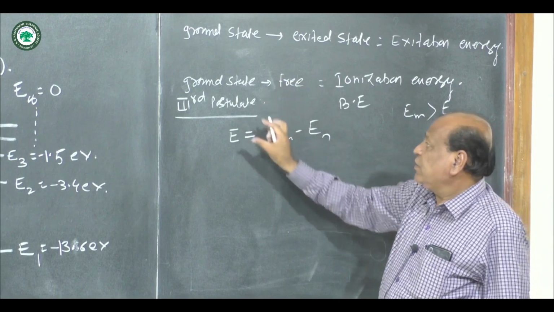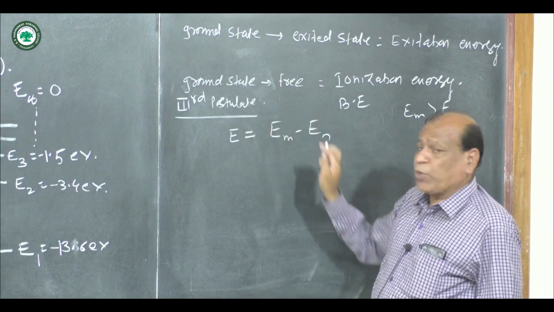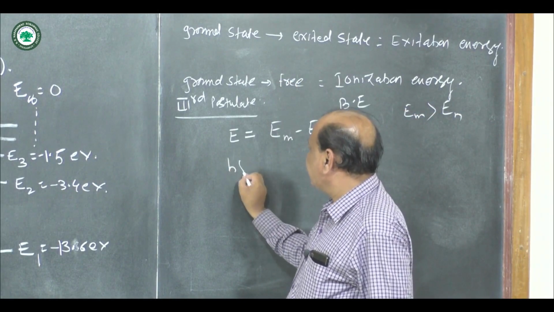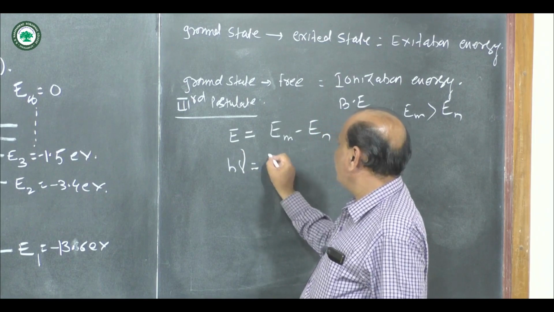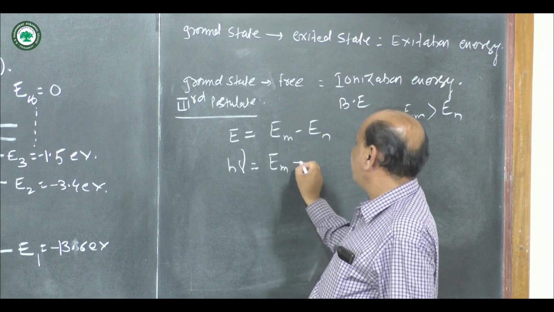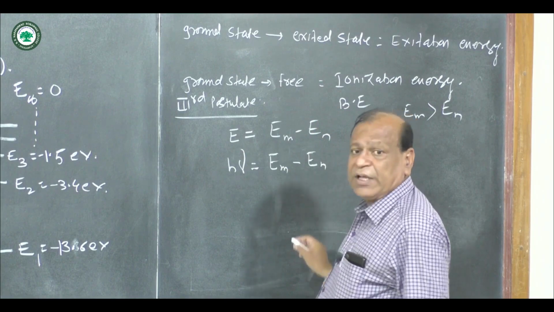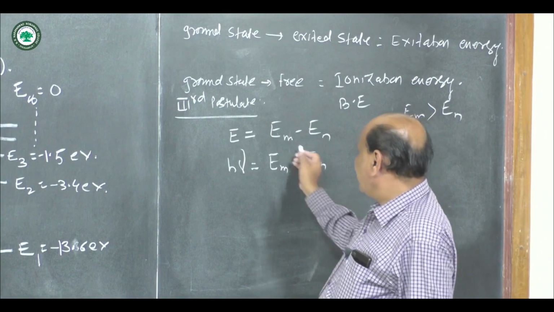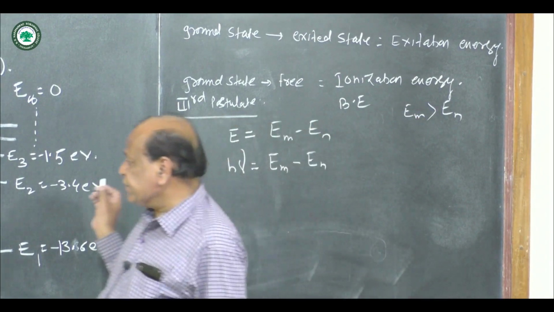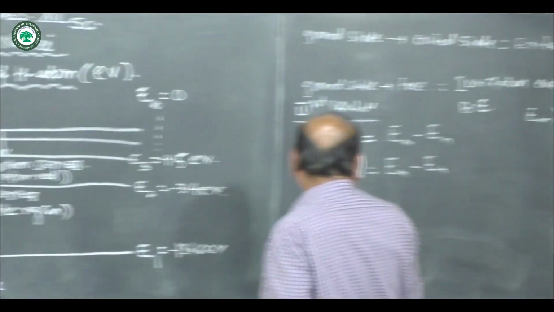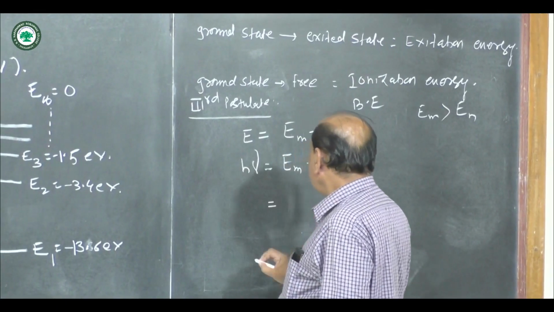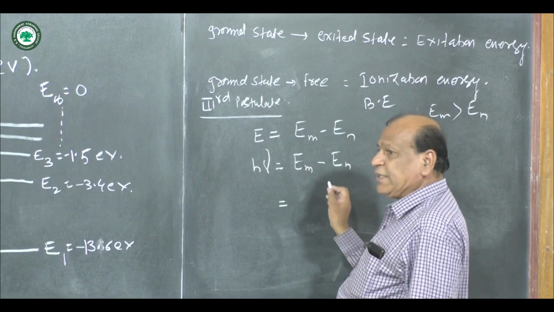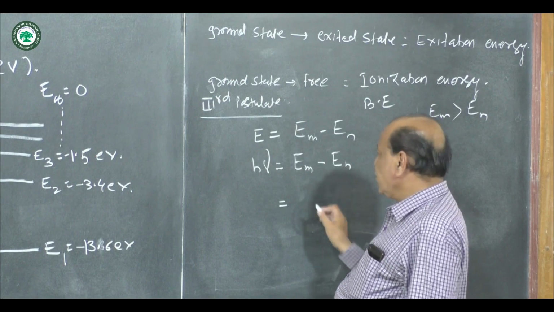Then we get the third postulate: the energy is h mu, equal to the energy of the mth orbit minus the energy of the nth orbit. Now we write the values of energies we already obtained.